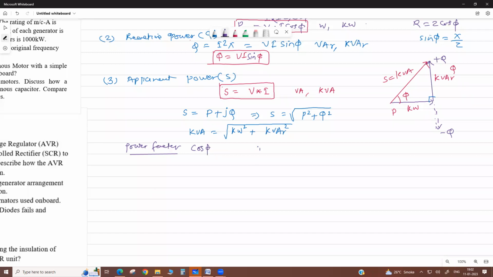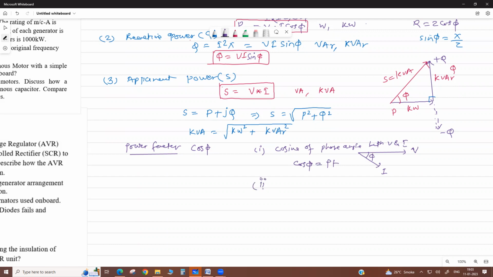Actually, the definition is: in a circuit, the voltage and the current, if there is a phase difference phi between voltage and current, then the cosine of the phase difference angle, the phase angle between voltage and current, cos phi, is your power factor.